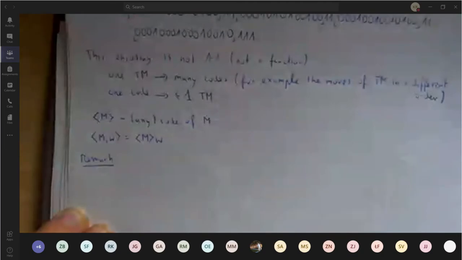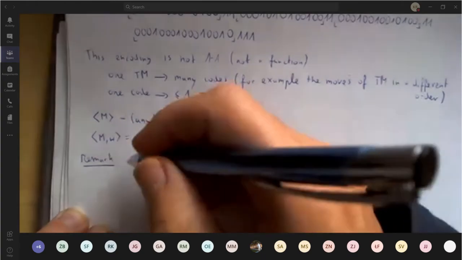So we assume that this is a code of, let's say, a broken Turing machine, that this Turing machine does not accept any word, any string.